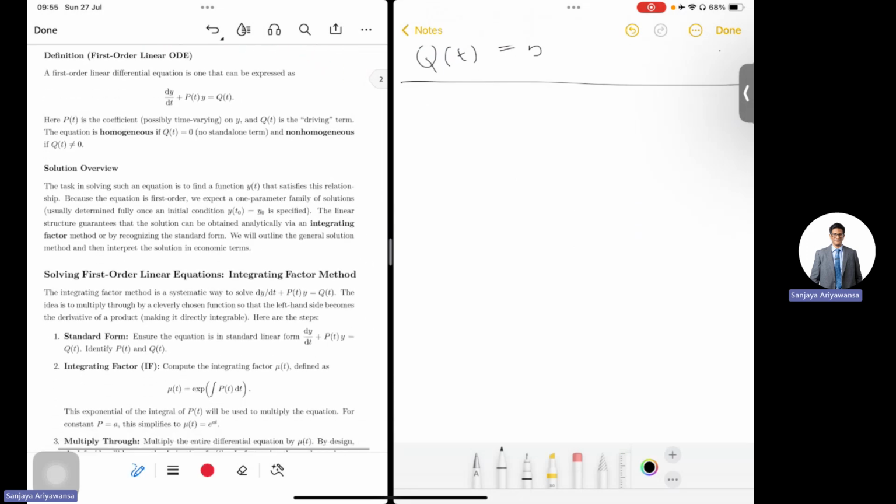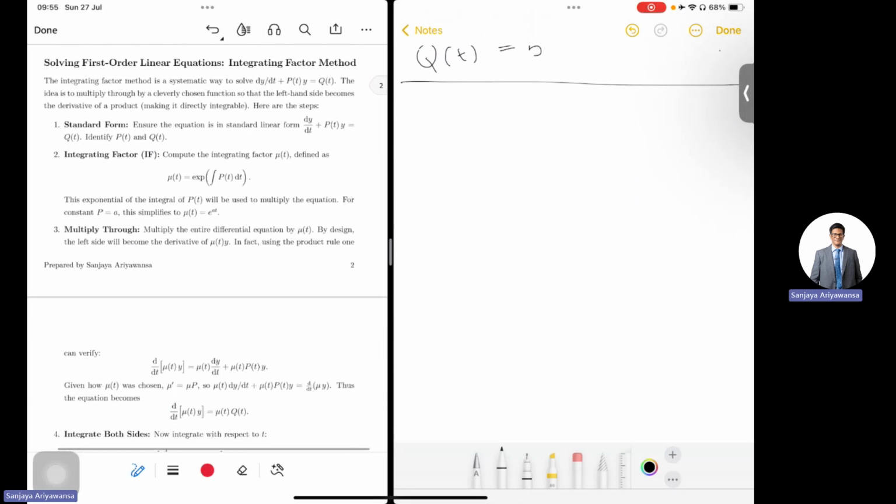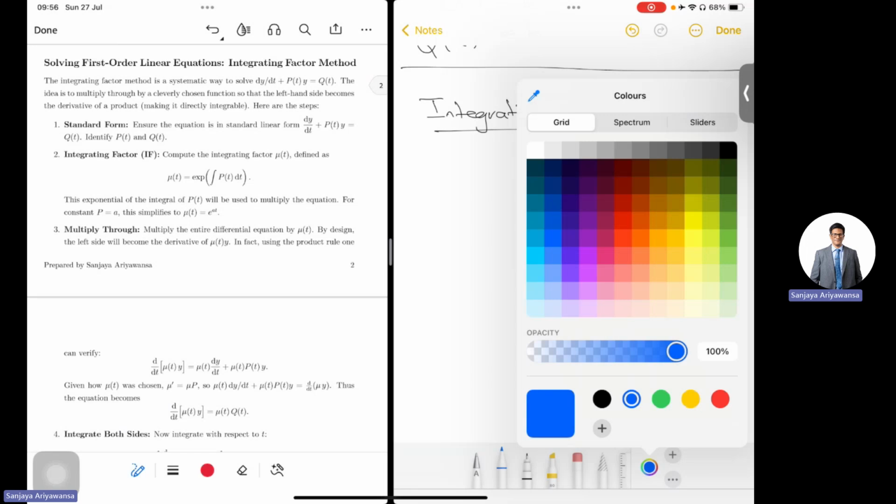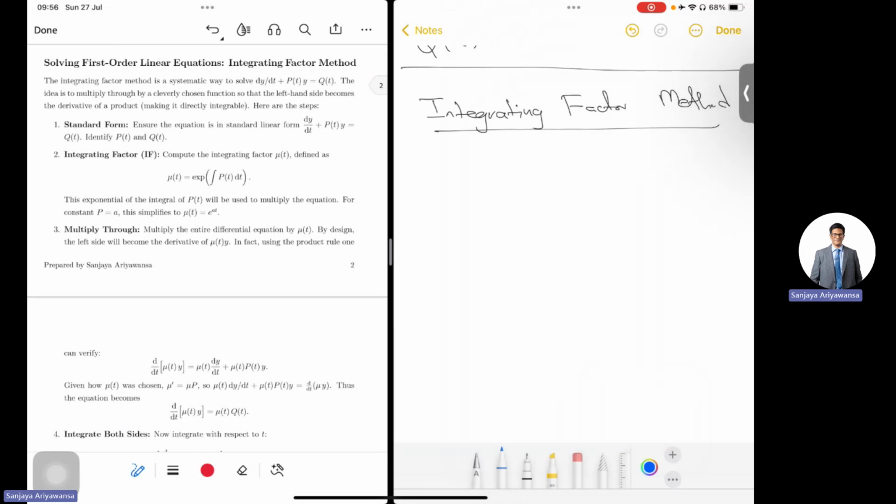So in the case of solving these first order linear differential equations, we use a method called the integrating factor method. It's quite mechanical. You need to follow a few steps to do this.